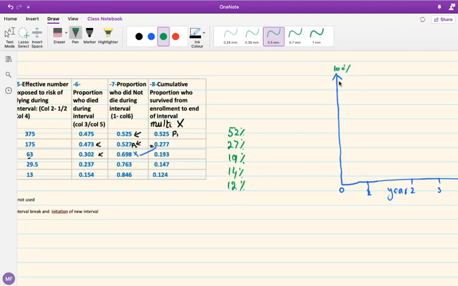For 100%, for 1 year the cumulative survival value stays at 52%. Let's say this is the 50% bar, and from 50% let's say this is 25% survival.